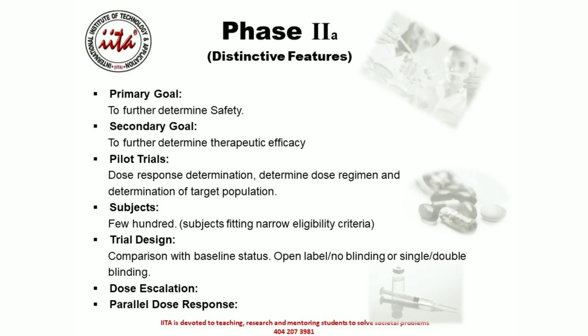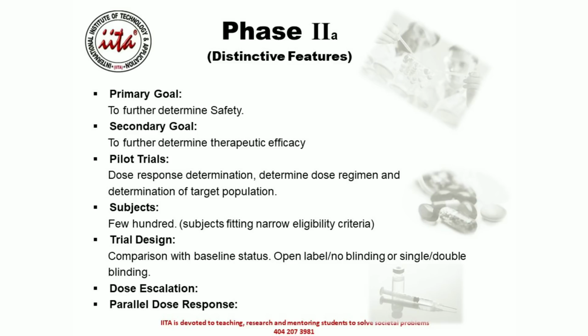Phase 2A. The primary goal is to further determine safety. The secondary goal is to determine the therapeutic efficacy. Pilot trials. Dose response determination, determination dose regimen, determination of target population. Subjects, a few hundred. These subjects will fit a narrow eligibility criteria.